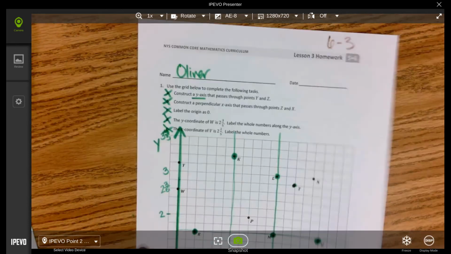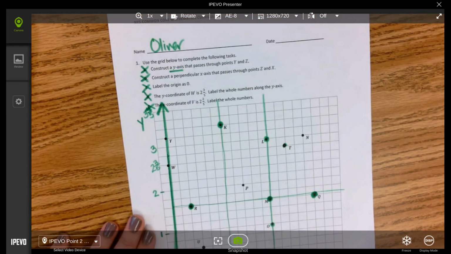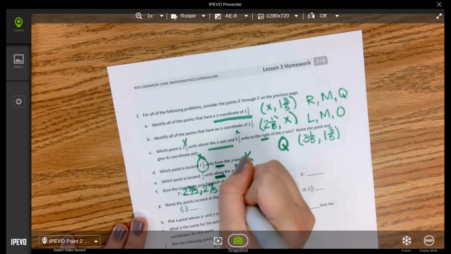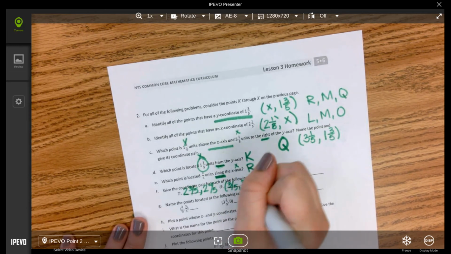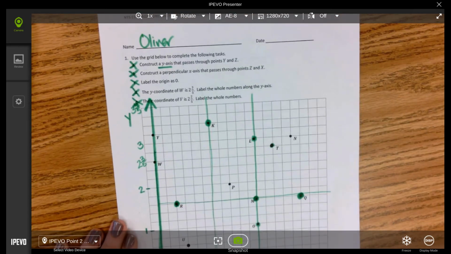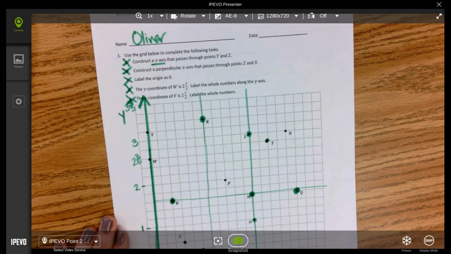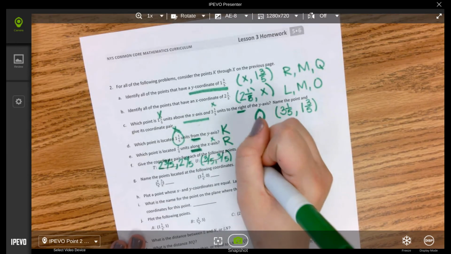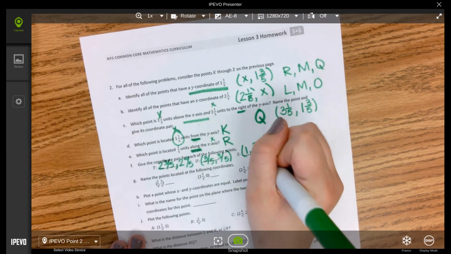All right, point U, I go across 1, 2, 3, so 3/5, and up 1, 2, 3/5. So 3/5, 3/5. And I'm sorry they did not give you a whole lot of room to write on this one. All right, for S, if we go all the way across to 1, and then we go up 1/5, 2/5, our point would be 1, 2/5.